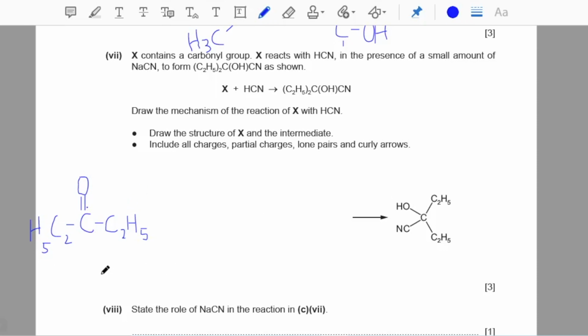So this must be a ketone. Okay, so the first step is breaking the bond of HCN. This bond will break heterolytically, where the cyanide ion will take away both the electrons and H will be left with a partial positive charge.